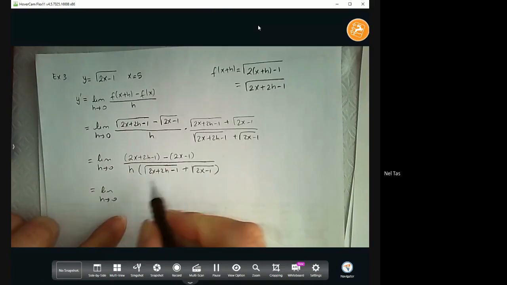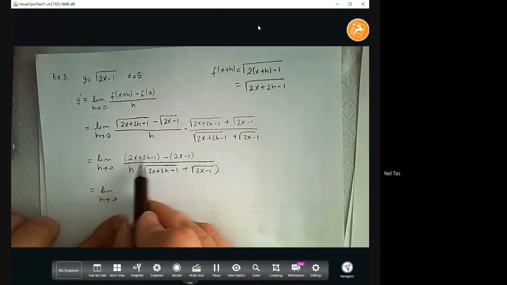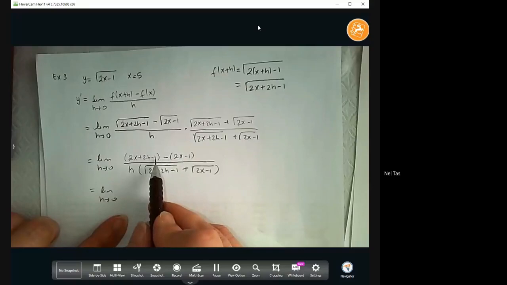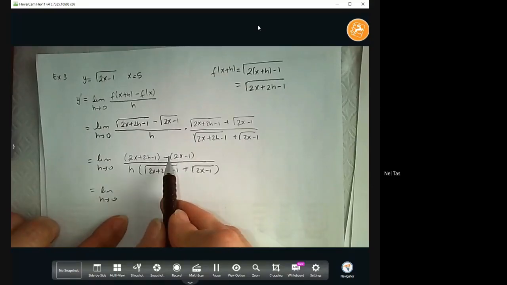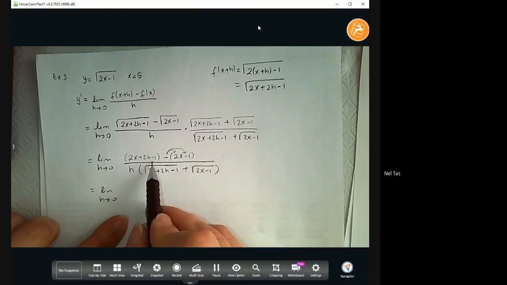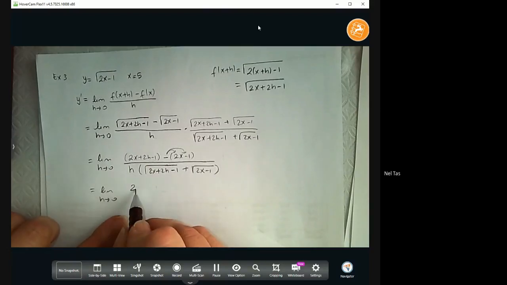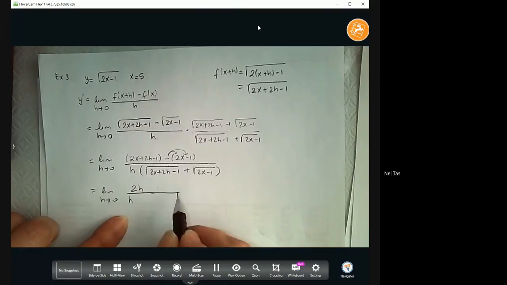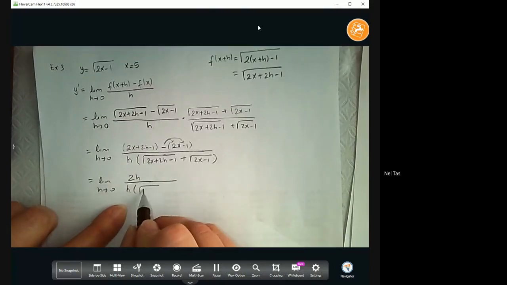If we expand this, the 2x's are gone, negative 1 and positive 1, since you are distributing that negative sign. So you end up with 2h in the numerator. And you were supposed to have h in there so that you can cancel those h's and remove the 0 over 0 situation.